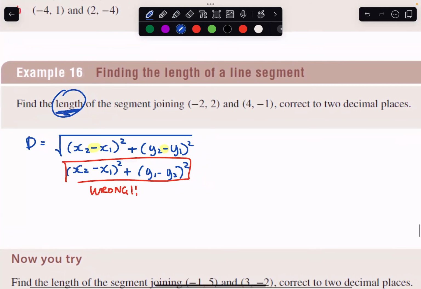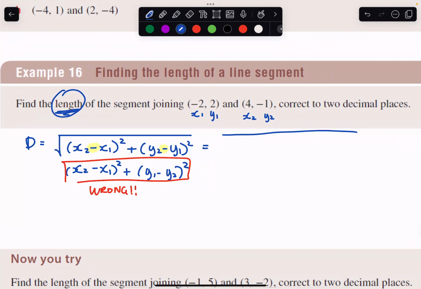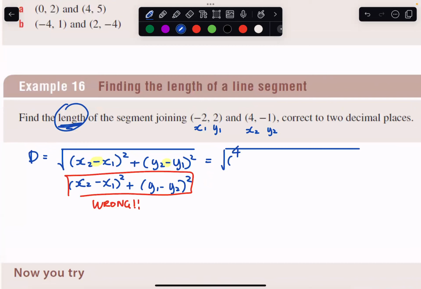So let's substitute the number. Before we substitute the number, we're going to label it. x1, y1, x2, y2, okay? Now we can substitute into the formula: square root of bracket 4 minus x1. x1 is negative 2 here, which means that we have another negative, to the power of 2, plus y2, which is negative 1, minus y1 to the power of 2. Don't worry about this one, put it into the calculator.